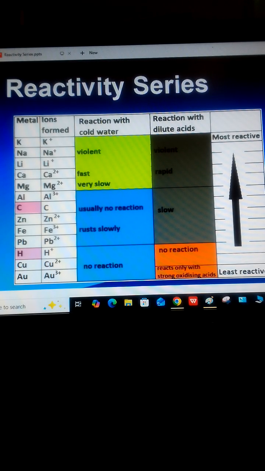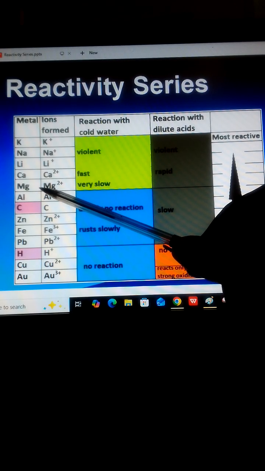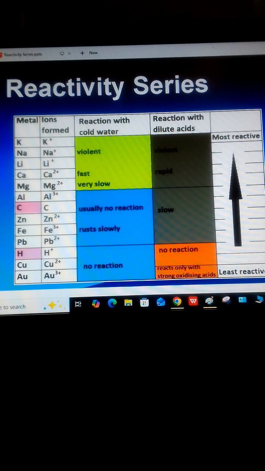So I'm saying that a metal that is higher on the reactivity series has the ability to displace a metal that is placed lower from the salt solution. So in this case, we can see that magnesium is higher up than the copper. So it is able to displace the copper from that solution.